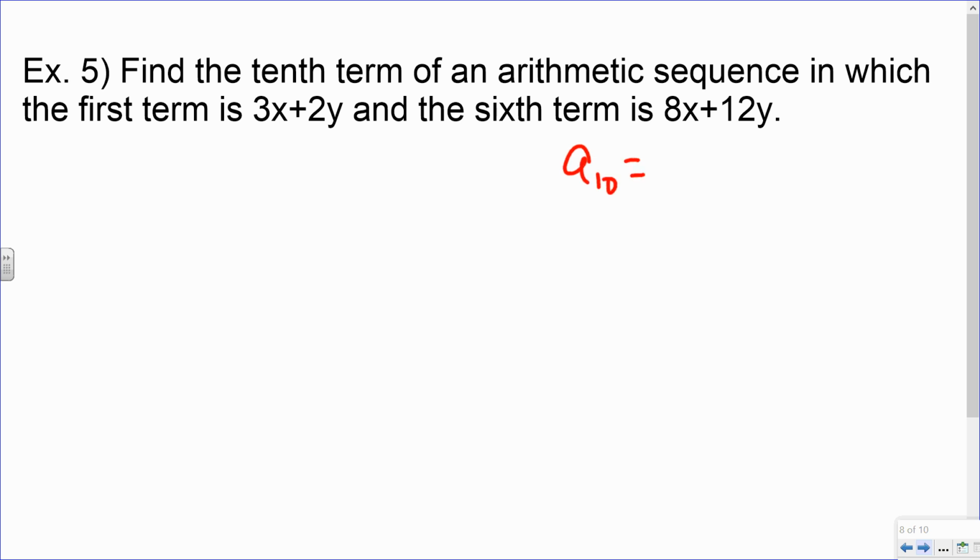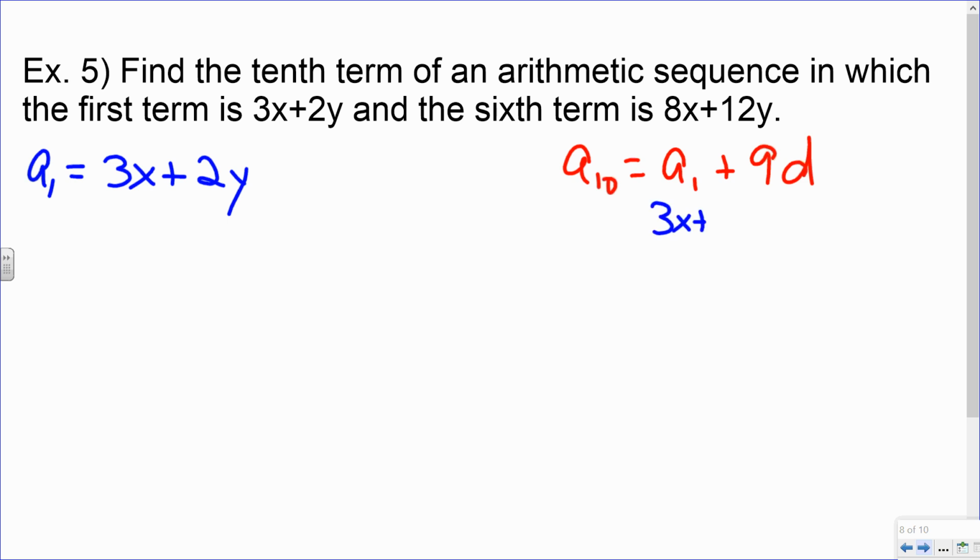And what's my formula for the 10th term? Sydney, what will my formula for the 10th term be? And let's see, what else do I know? Oh, good. I know that the first term is 3x plus 2y. So that means I've got 3x plus 2y right there for the first term.